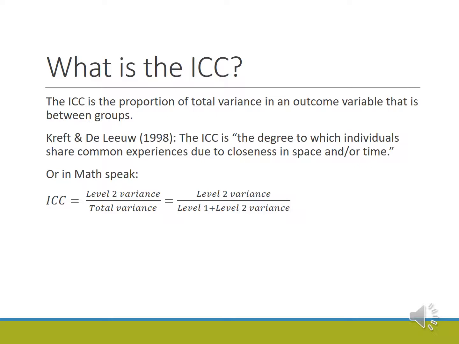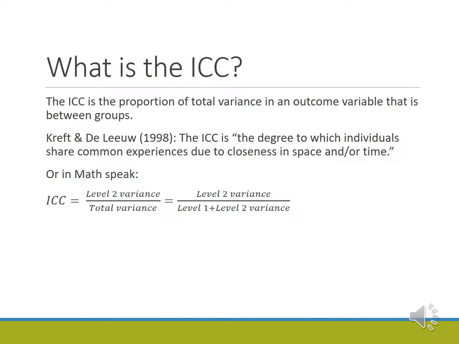So what is the ICC? There are three definitions on this slide, and I will talk through each of them. One way of looking at the ICC is that it's the proportion of total variance in an outcome that is between groups. That means how much of the variation is between the groups compared to between individuals.